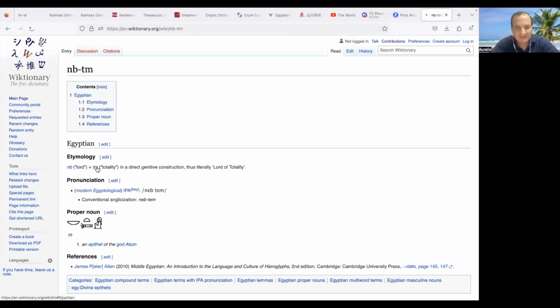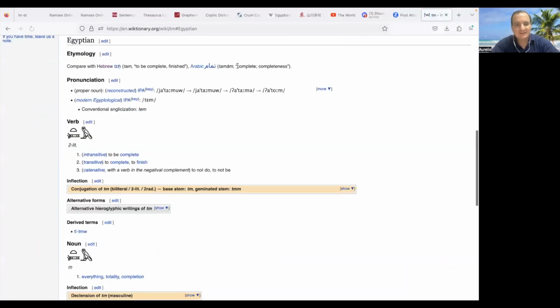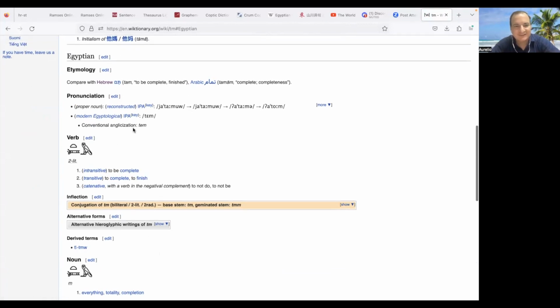That's the term here, totality. And it is tamam, supposedly. And tam, to be complete, finished. Maybe that's the one that you're thinking of from Hebrew. Yeah, might be. I was thinking of tamam. It's just a reduplicated second consonant, so that sort of fits. So those are the roots.